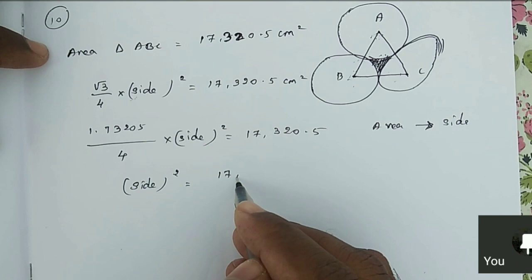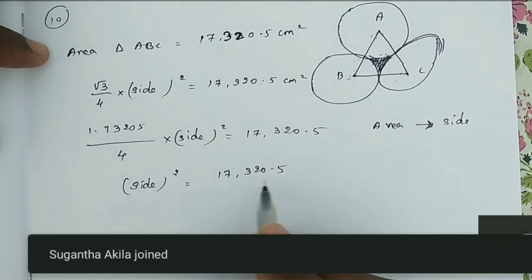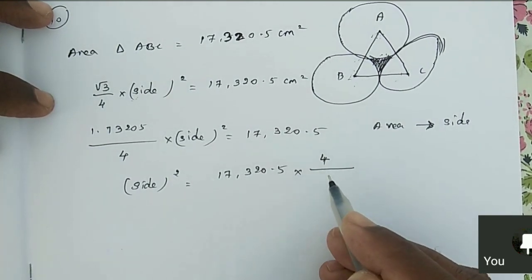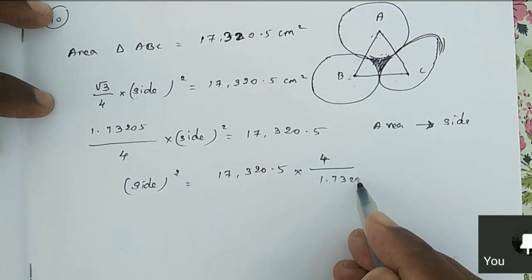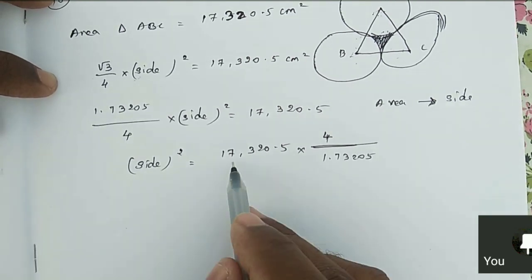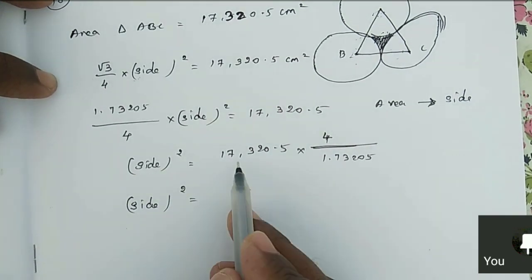So 17,320.5, then the reciprocal, 4 by 1.73205. Now side square is equal to, now you should divide it.